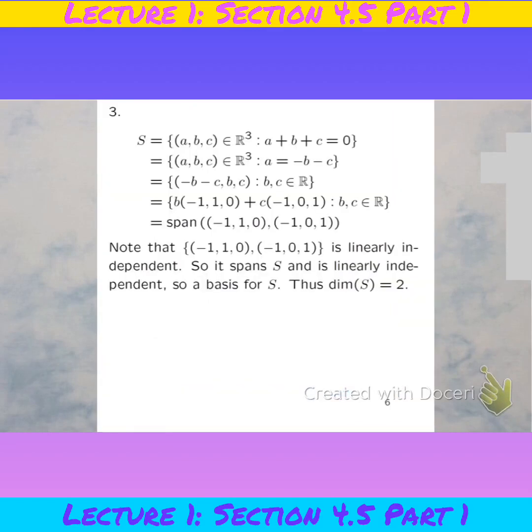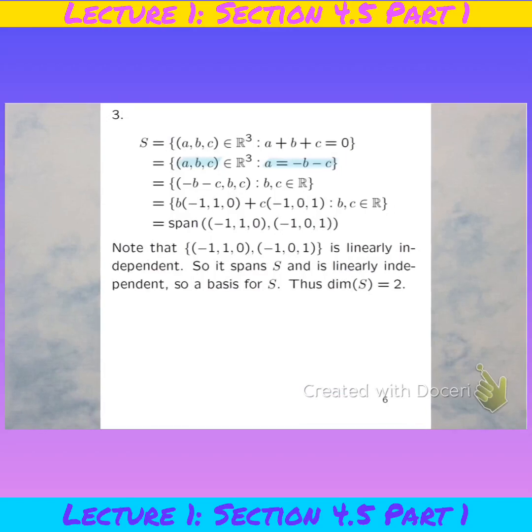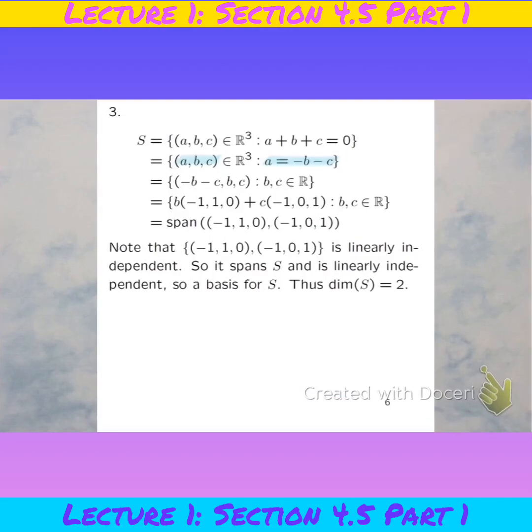Right, so the set S is basically equivalent to the set of all points (A, B, C), where A is equal to minus B minus C. That's the same as all the points (X, Y, Z), where the X component is minus B minus C, the Y component is B, and the Z component is C.